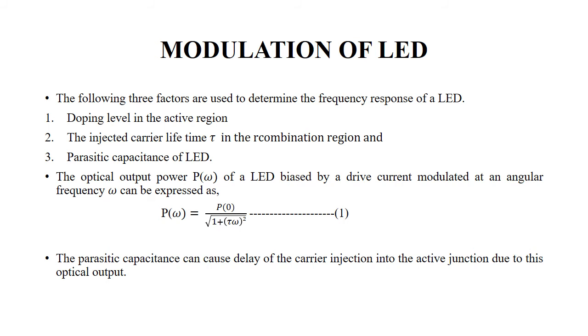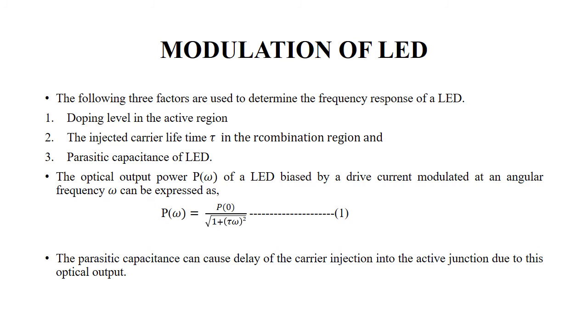Here are three factors used to determine the modulation of an LED: the doping level in the active region, the injected carrier lifetime in the recombination region, and the parasitic capacitance of the LED. The optical output power of the LED, biased by a drive current modulated at an angular frequency, can be expressed as P of omega equal to P of 0 divided by root of 1 plus (omega tau) the whole squared.